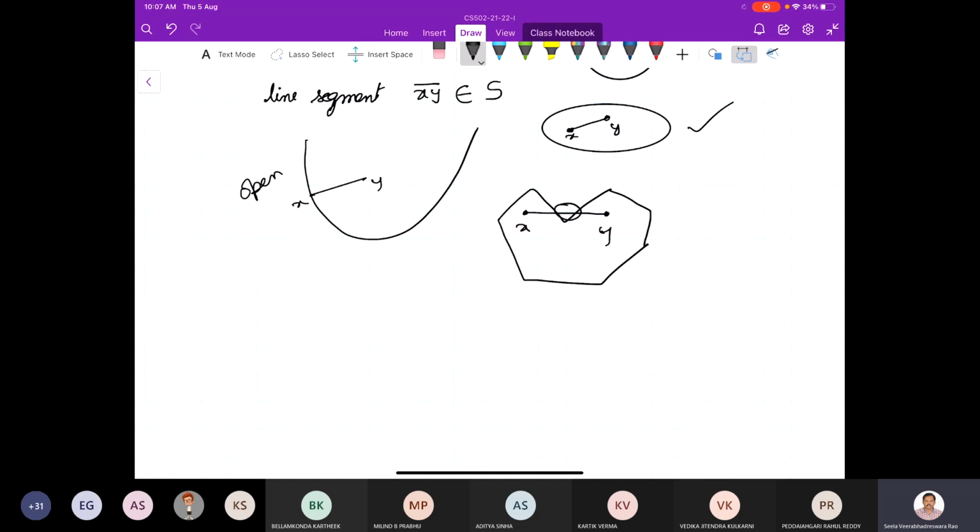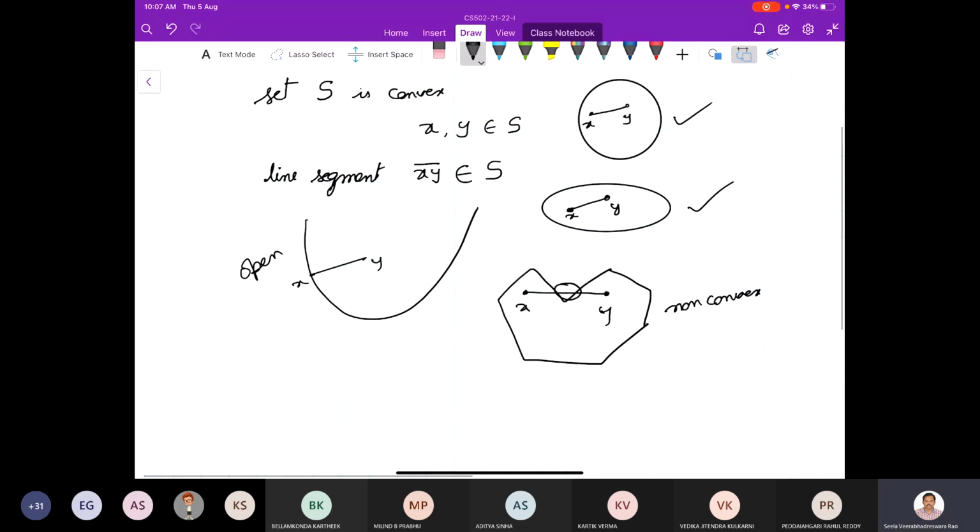So this is not a convex. Here convex means all the points which are inside as well as on the boundary, everything together, a solid object is what we call a convex.